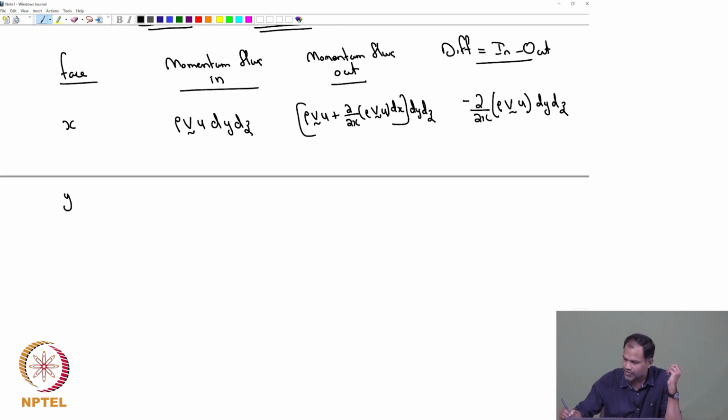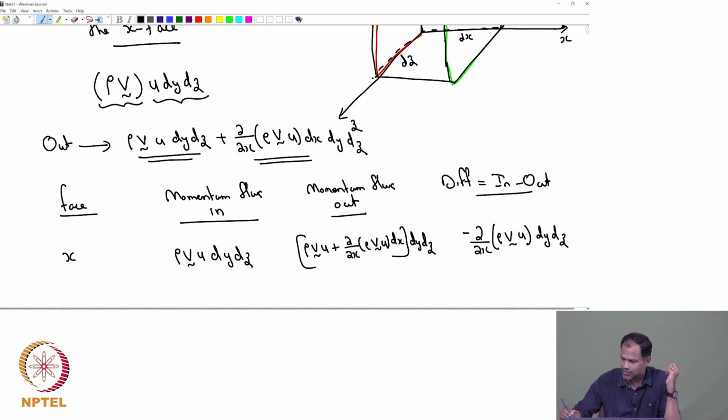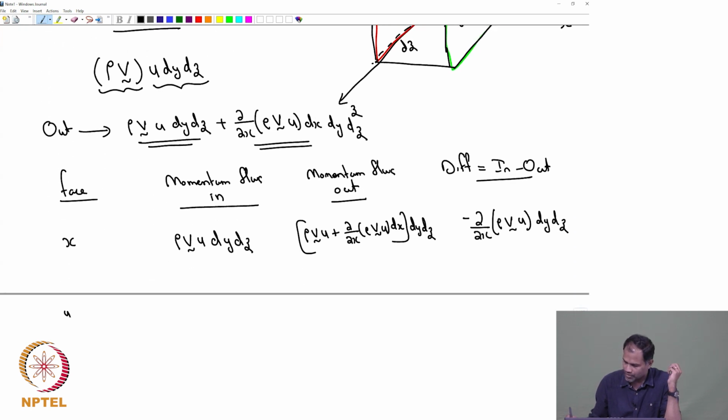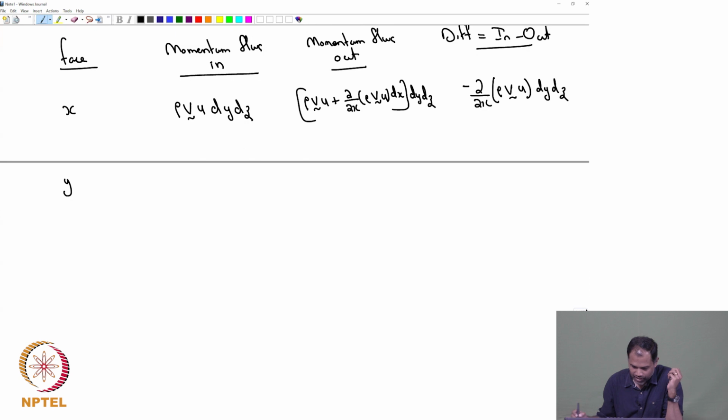So, let us look at the y face now. The y face is the momentum that is entering from the bottom and then the momentum that is going out from the top. A similar calculation: rho v is the momentum density times the flow rate in the upward y direction, which is v times dx dz.